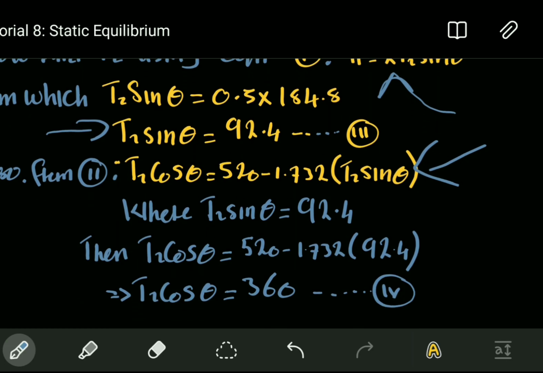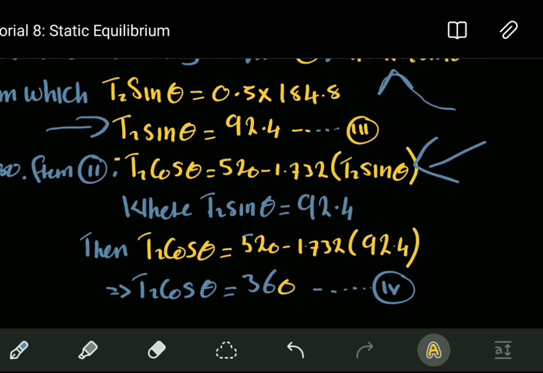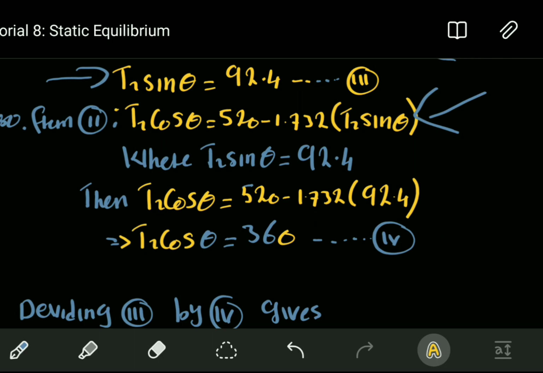Therefore T2 cos theta equals 520 minus 1.732 times 92.4, from which T2 cos theta equals 360. So this could be our equation 4.